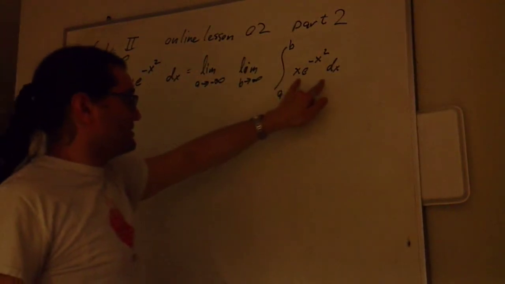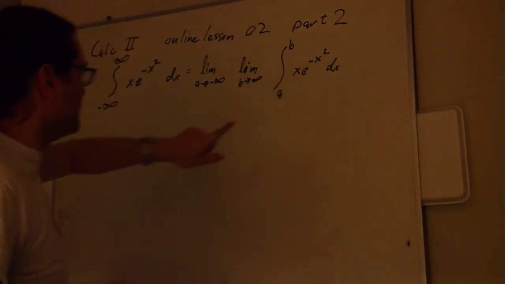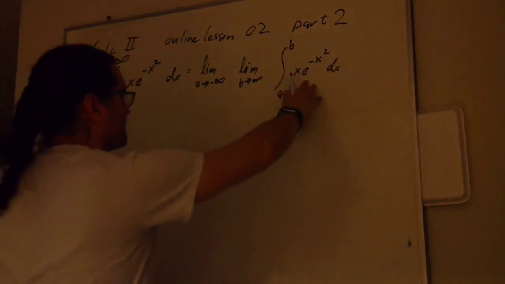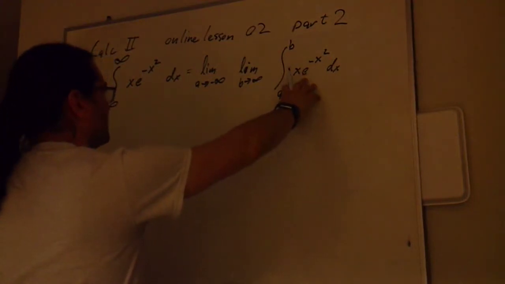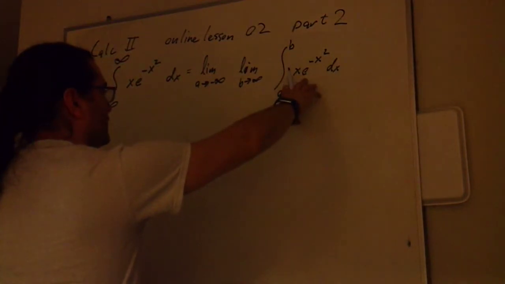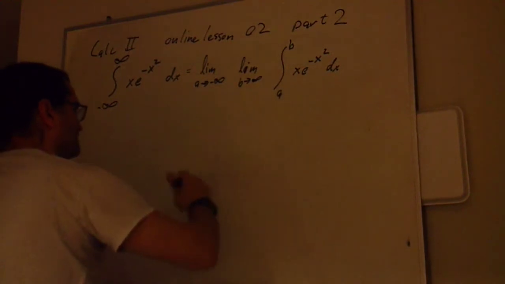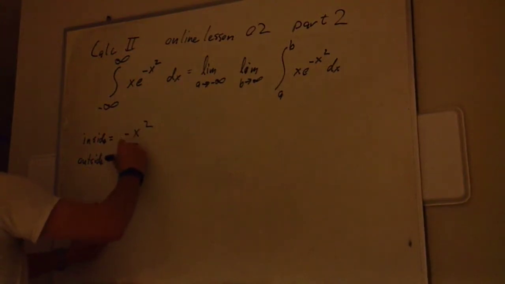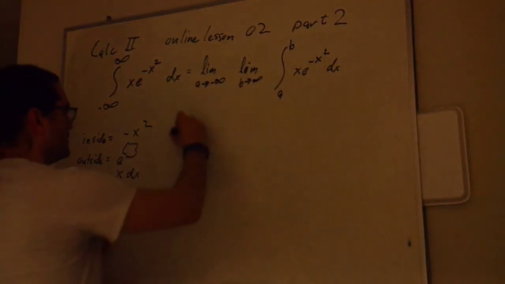Now we actually have to integrate this. I think this one integrates as an integration by substitution. So I'm going to look at the inside. I think it is going to be a negative x squared. The outside should be e to the blob, and the other will be an x dx.